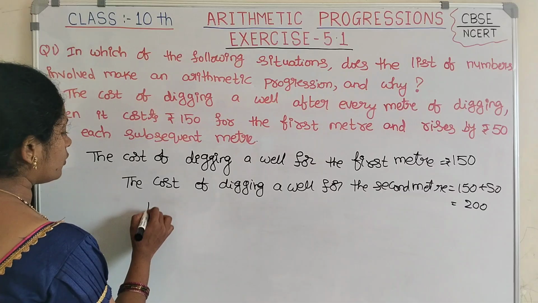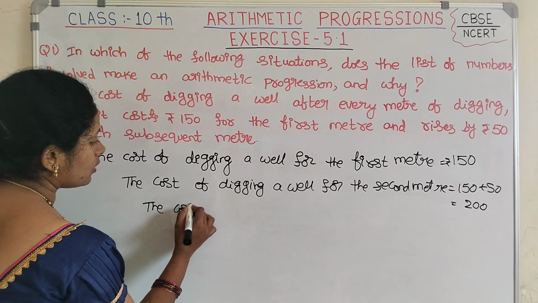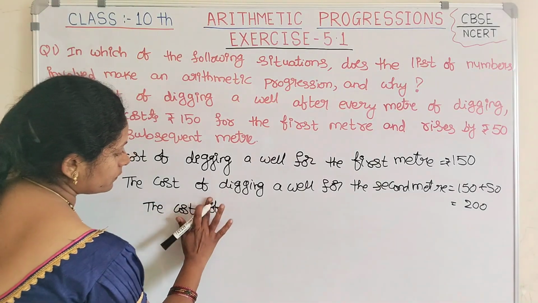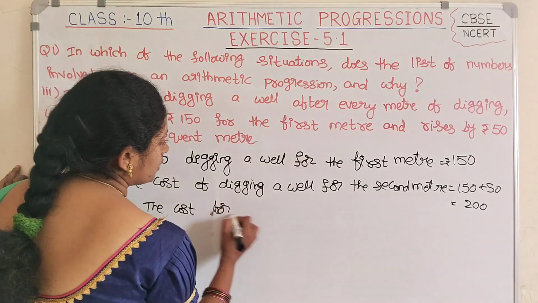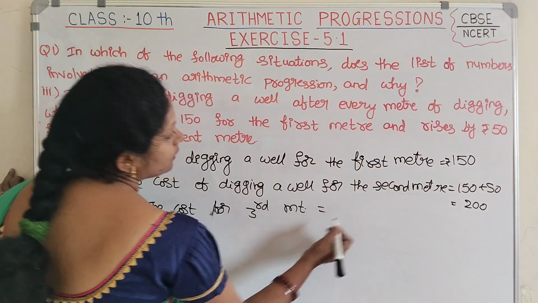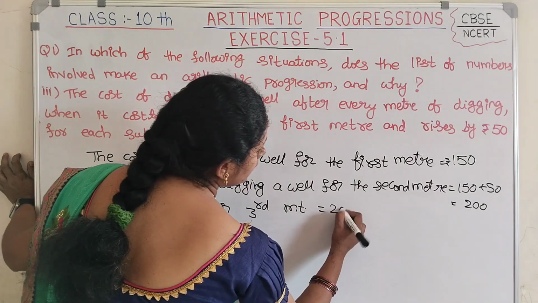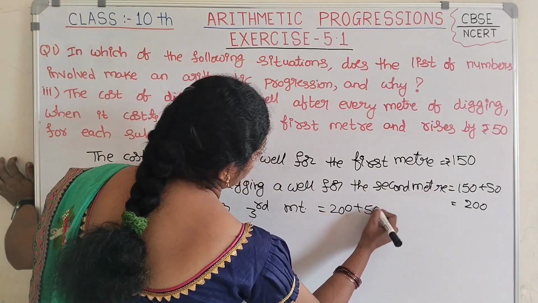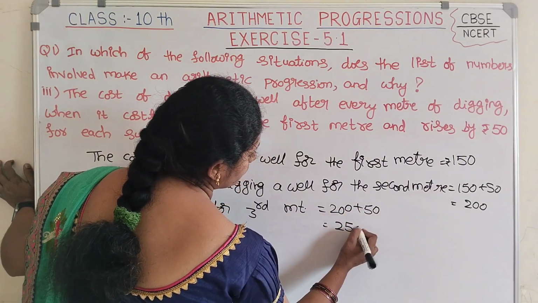Next, the cost for the third meter is equal to 200 plus 50, that is 250.